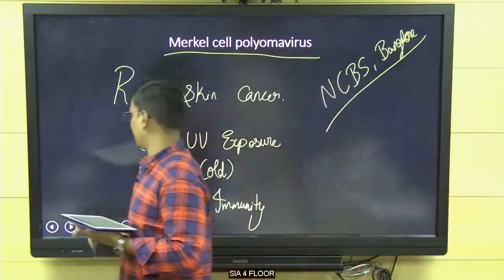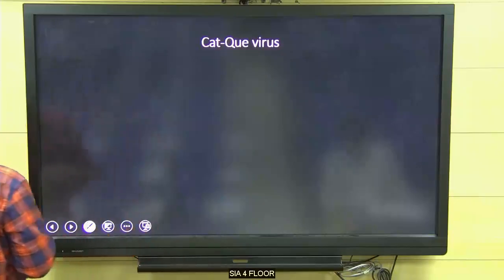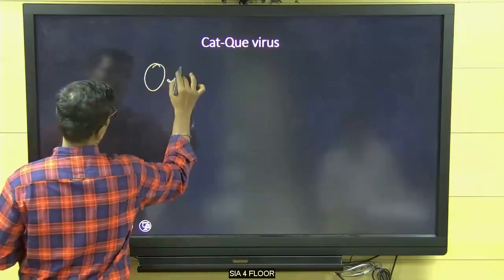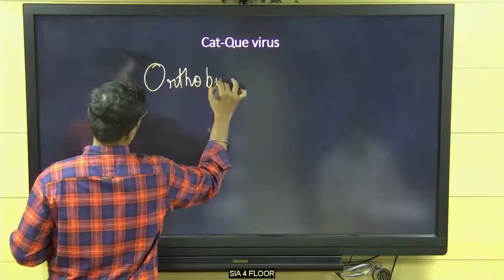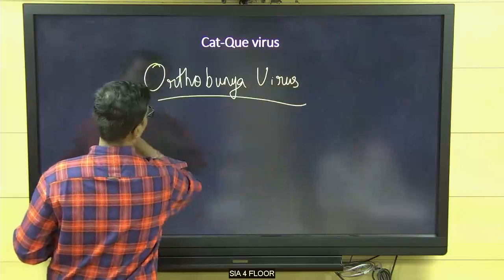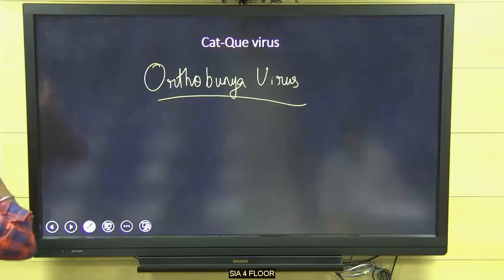Merkel cell polyomavirus. And then Cat Que disease or Cat Que virus. It's caused by a genus called Orthobunyavirus. And most importantly, the name says Cat Que virus, but it does not affect cats.